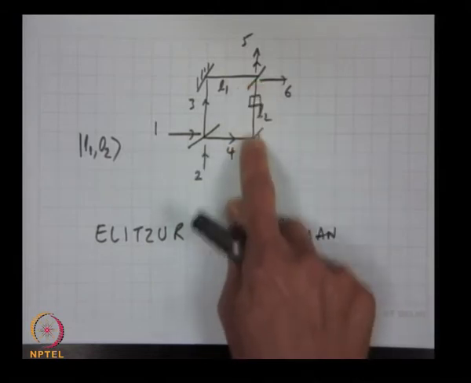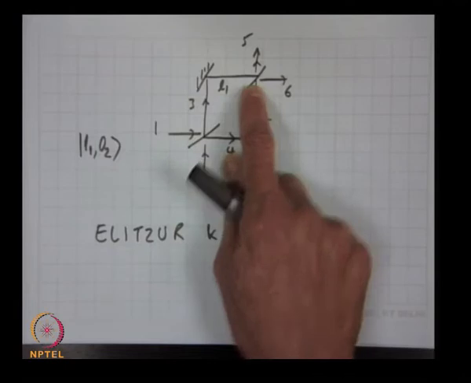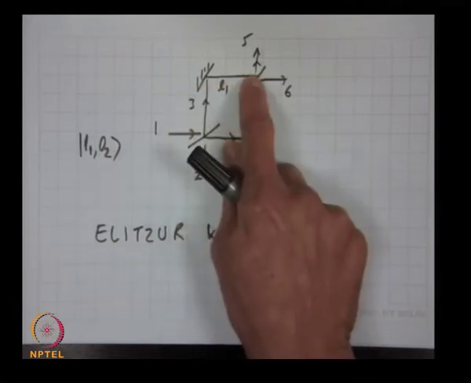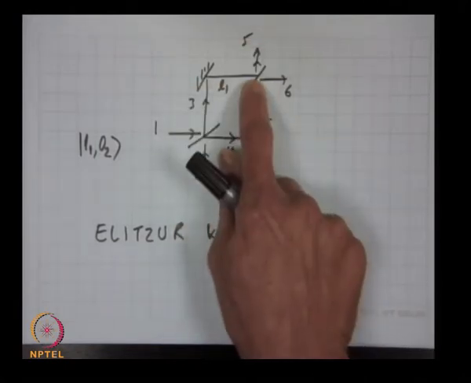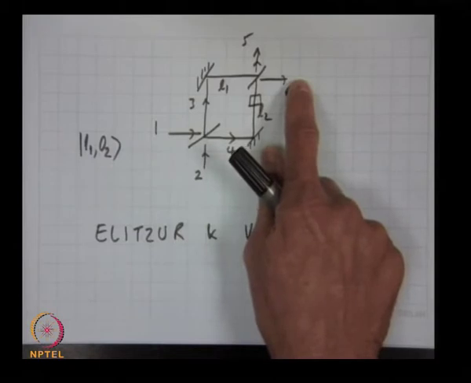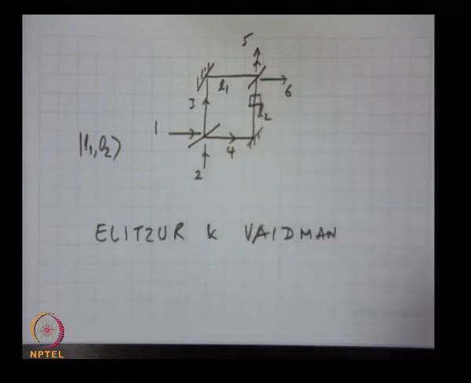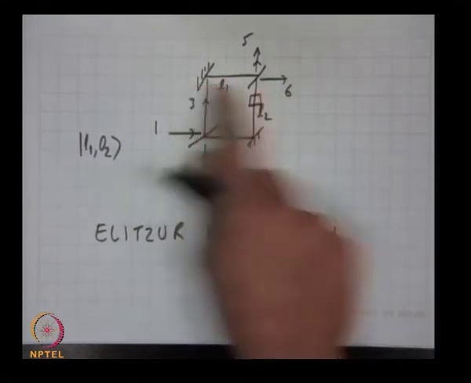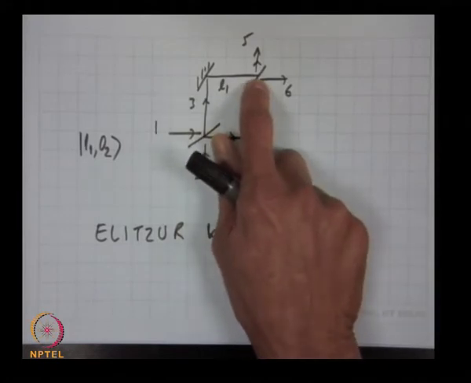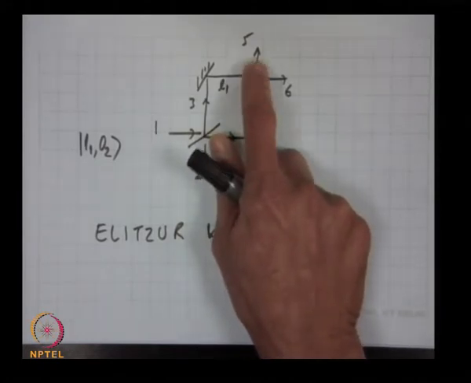There is no other path for interference. So this has a half probability of appearing in 5 and a half probability of appearing in 6. If you go back in the analysis and remove the second state, the ket 4 from that analysis, you will find that there is a half probability of the photon being detected in arm 5.